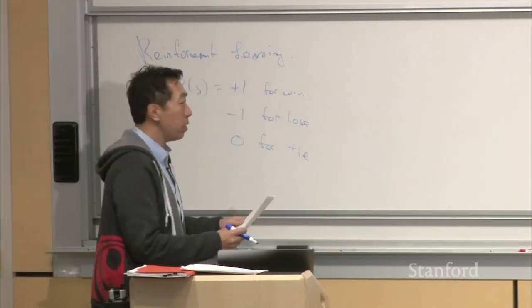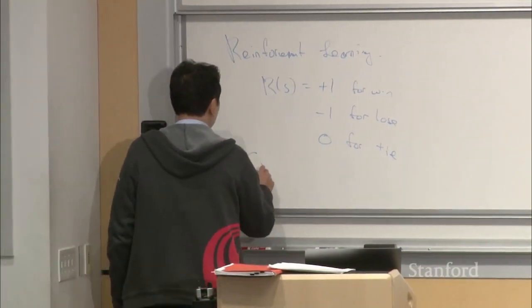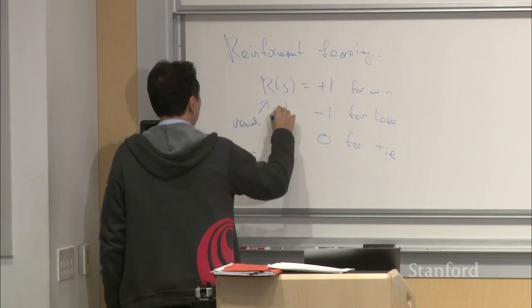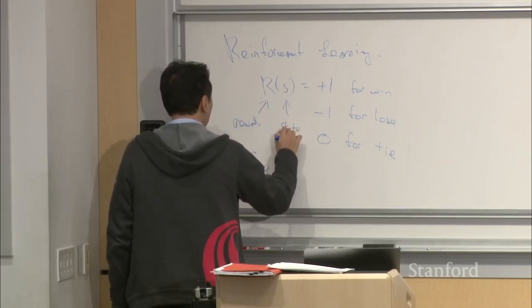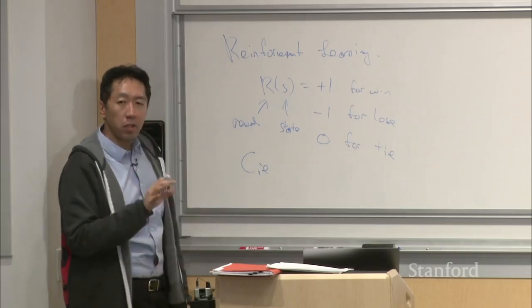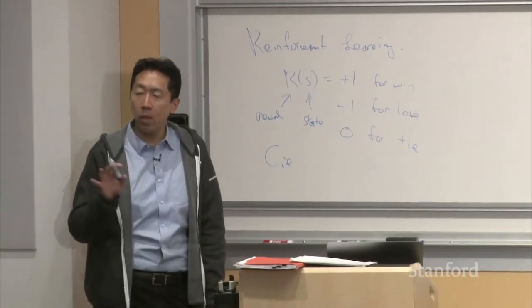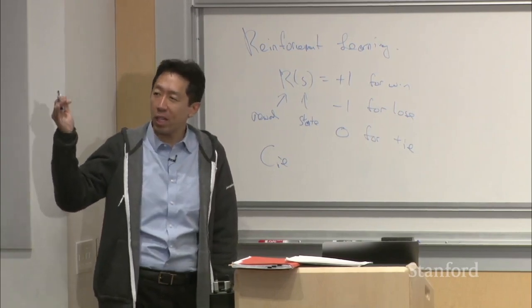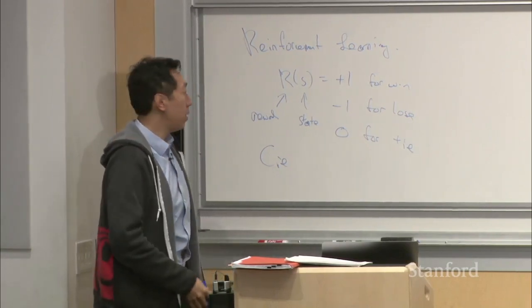Right? In fact, one of the challenges of reinforcement learning is, so this is called a reward, and that's called the state. And the state means the status of the chessboard, where are the pieces on the chessboard, or the status of the helicopter, where exactly is the helicopter, and are you right side up or upside down, and where are you, right?